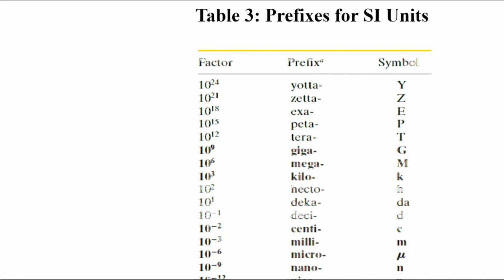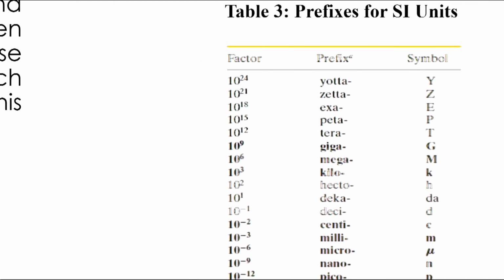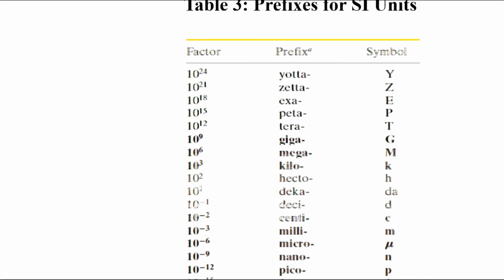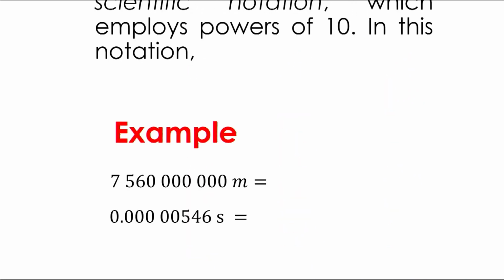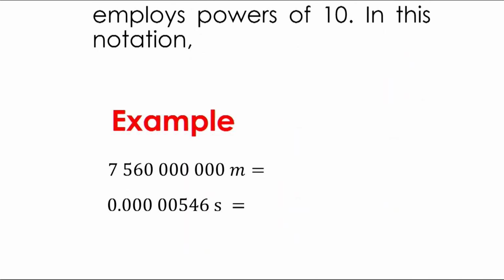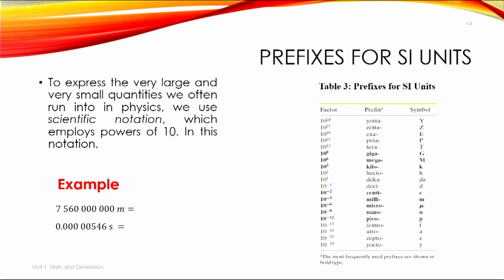So one way to do that is to compress these numbers into a factor of 10. For instance, as you can see on the screen, we have this number to represent our meters. So we can put this in a standard form by counting the number of zeros that exist in this number.